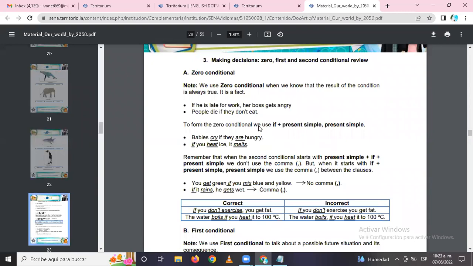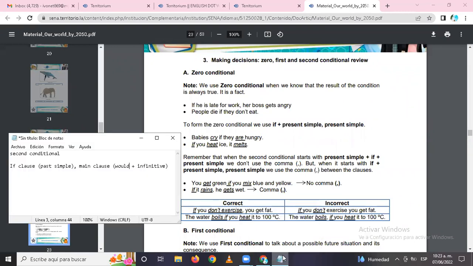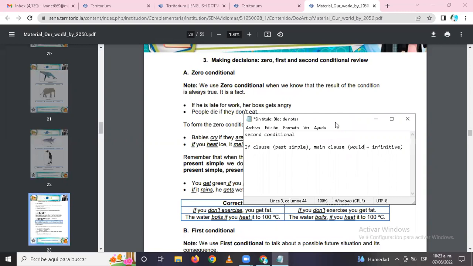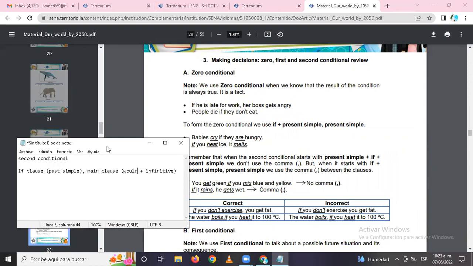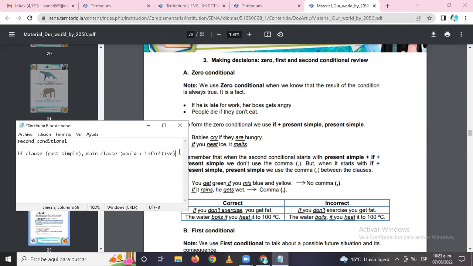Zero conditional. We use zero conditional, remember. Do you remember, Juan, how we form the zero conditional? ¿Sí? Juan, ¿recuerda cómo se forma? Sencillo.